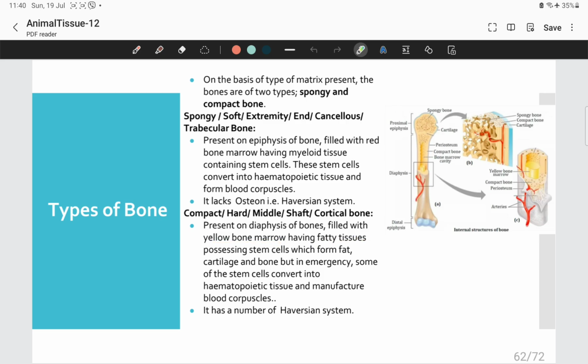It also has some stem cells, and those stem cells are responsible for forming fat, cartilage, and bone. But in an emergency, it can also form hematopoietic tissue and manufacture blood corpuscles. This kind of bone has the Haversian system.